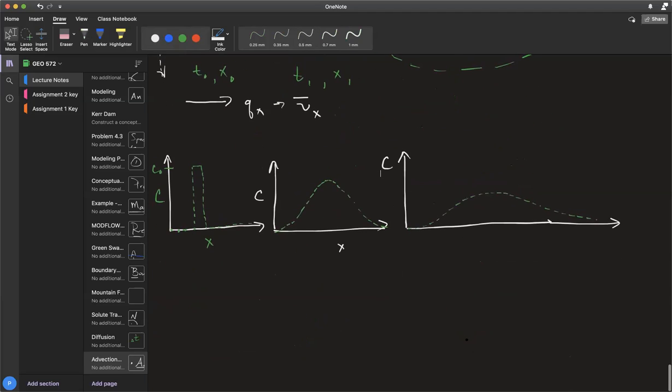Now what's important is the integral from x equals a to b of c sub x dx. So the integral, the total amount of mass or the total area under these curves, has to be equal.